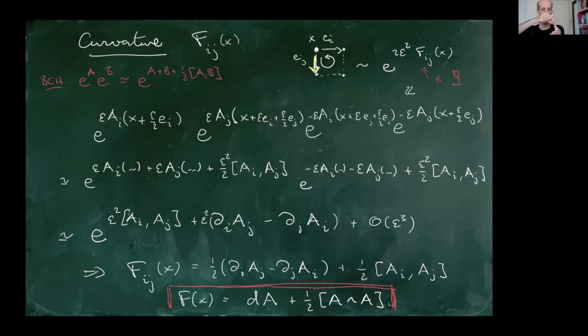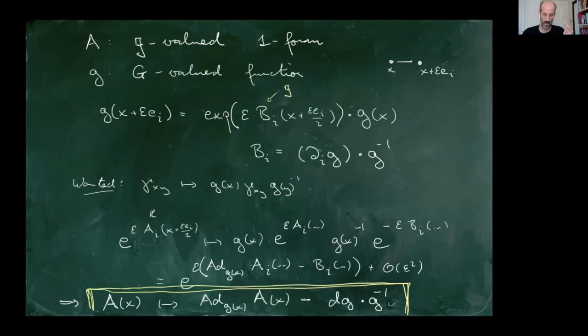In particular, the A is transformed in a somewhat complicated way under the gauge group. Remember, the way it transformed was by the adjoint, but then minus this additional term. And this really came from the fact that the A's connect two points that are not at the same location, and then we had to transport one point to the other one, and that gave rise to this term here, which in the end turned into that term here.